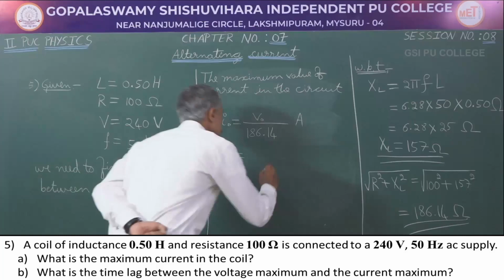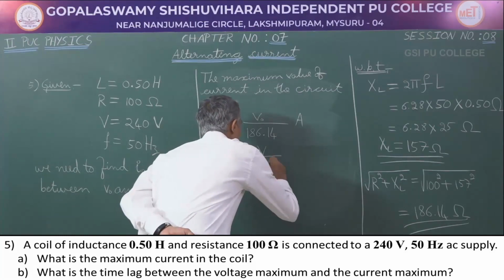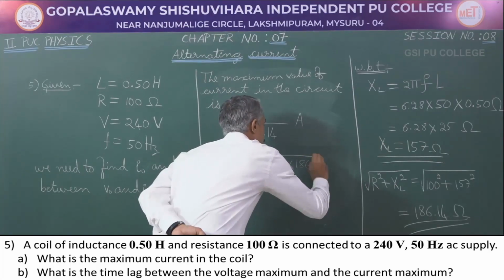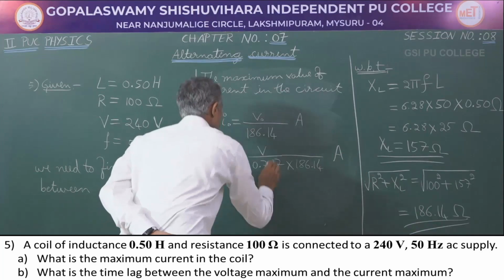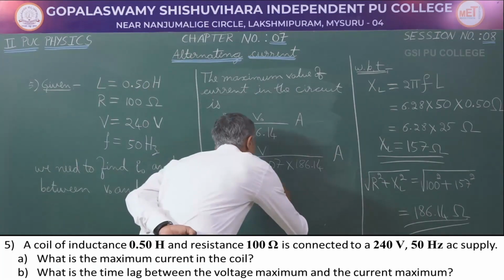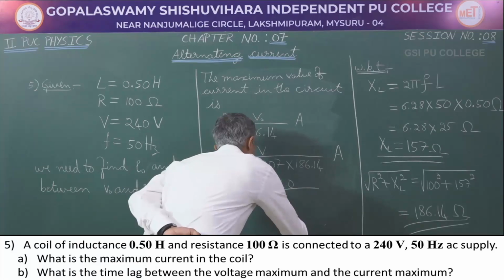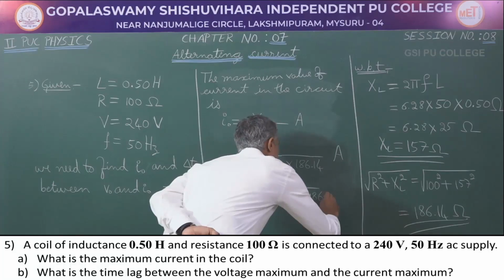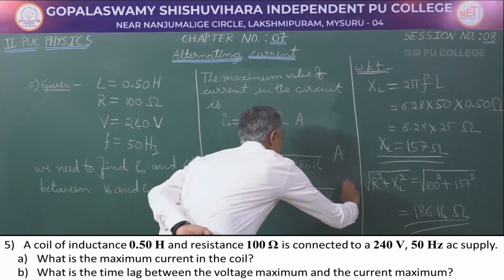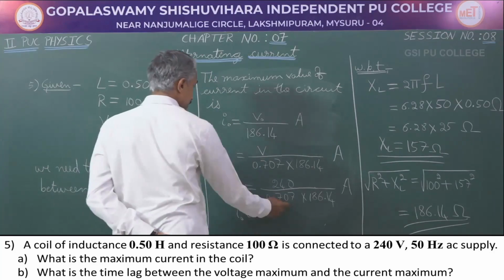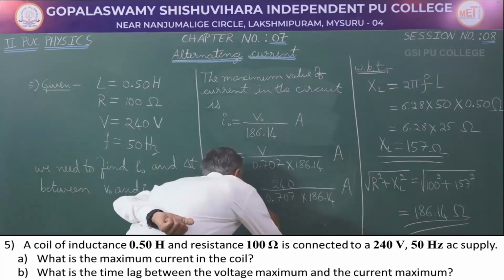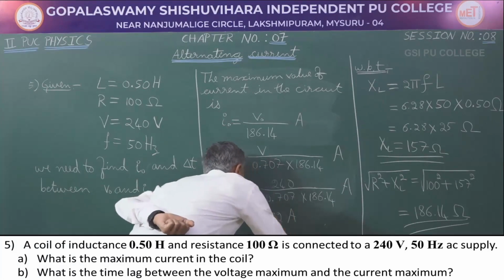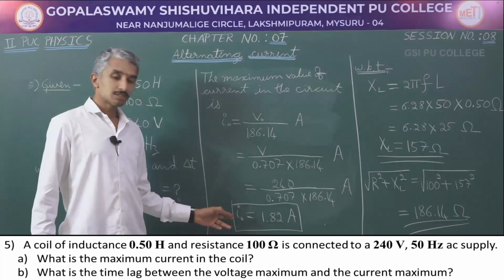Therefore, I can write this as V divided by 0.707 into 186.14 ampere. The RMS value of voltage is 240 divided by 0.707 into 186.14 ampere. On simplifying this, we will get the answer as the maximum value of current is equal to 1.82 ampere. So we have found the maximum value of the current.